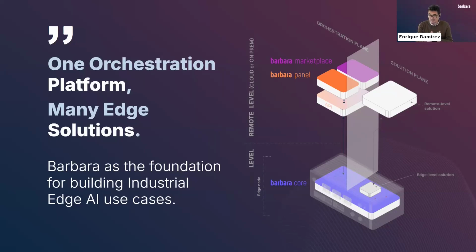Finally, before going to the next slide, I would like to finish this part by mentioning that the Barbara platform can be deployed in different ways. For example, we have a cloud version of the platform, a SaaS version. This is a public version you can use.